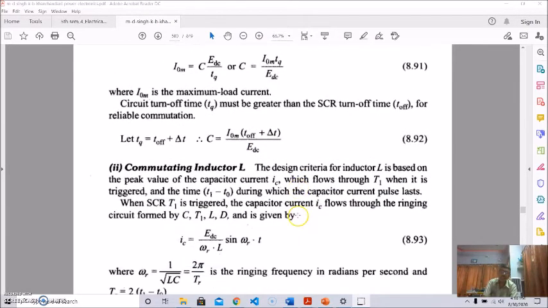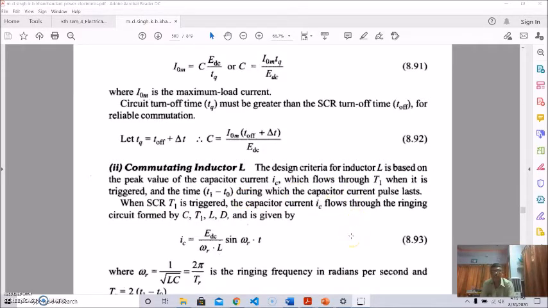And for the commutating inductor, the design criterion for inductor L is based on the peak value of the capacitor current IC, which flows through thyristor T1 when it is triggered, and the time T1 minus T0 during which the capacitor current pulse lasts.